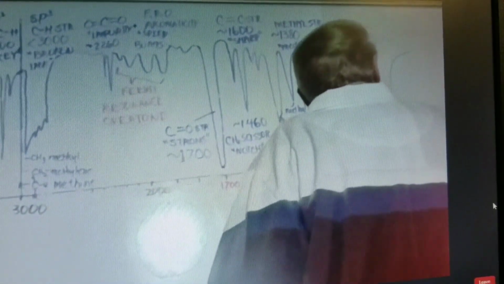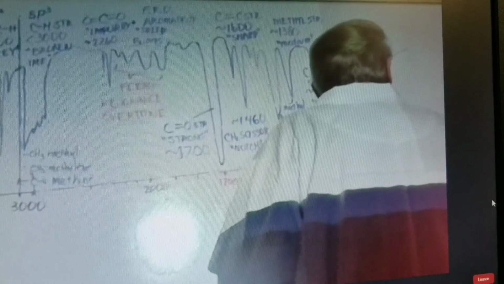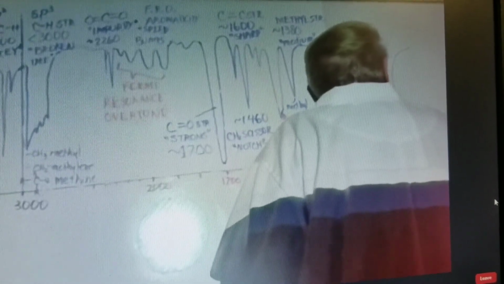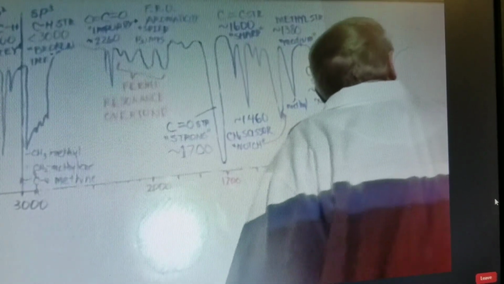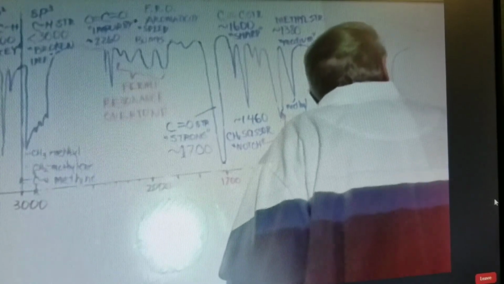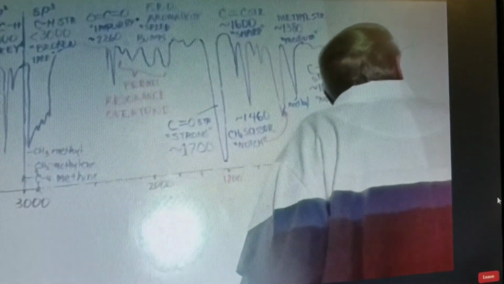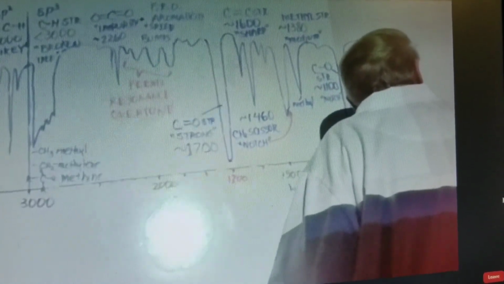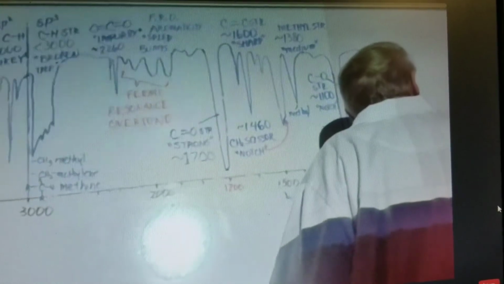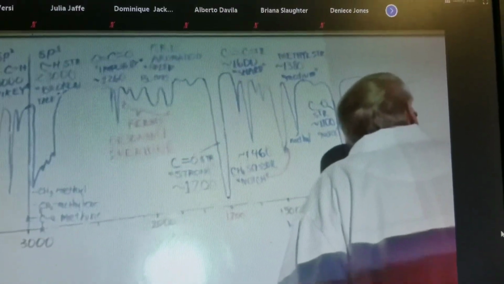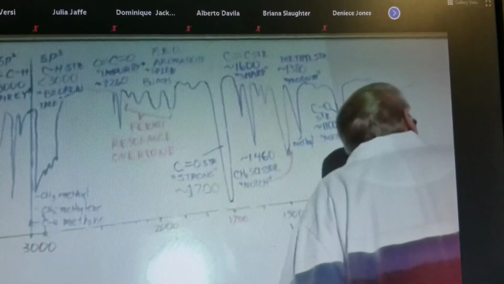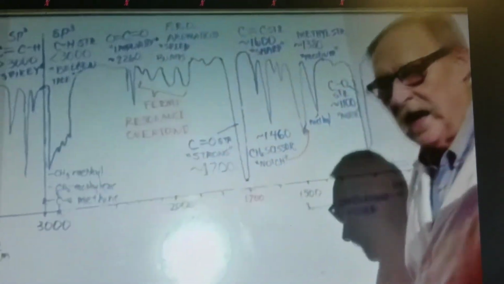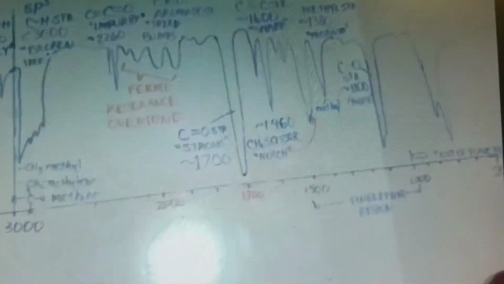Okay. And anything below 1,000 is an out of plane bend. It's a C double bond C or an aromatic CH.